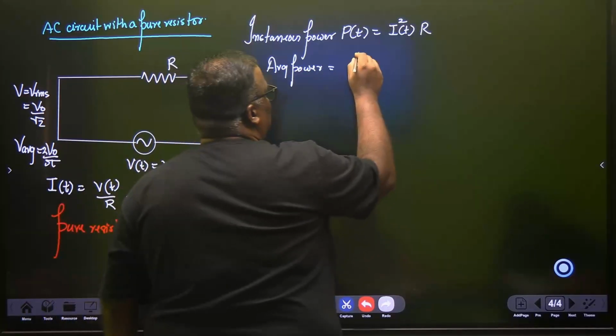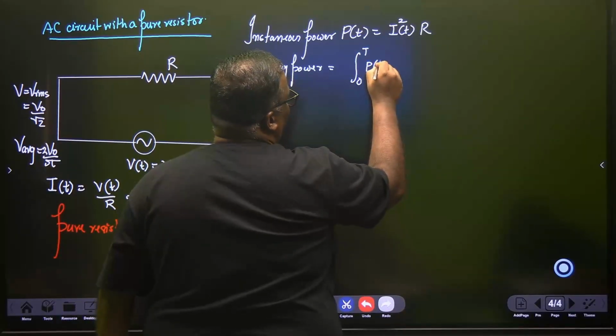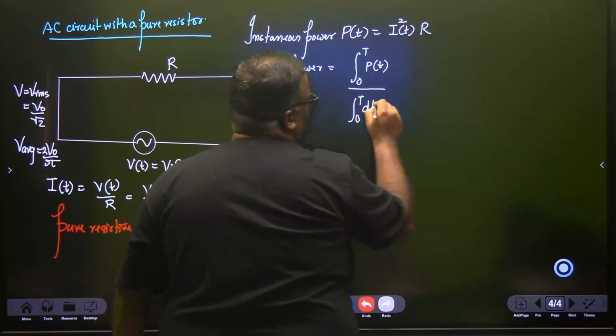Average power means you have to integrate 0 to t of p of t divided by 0 to t dt.